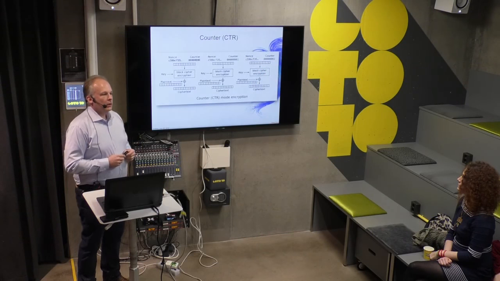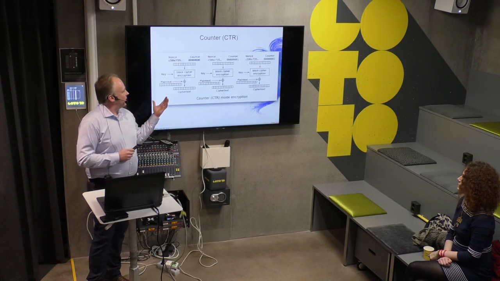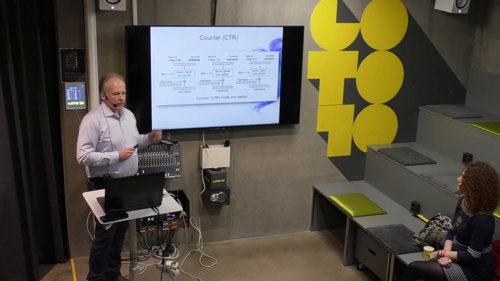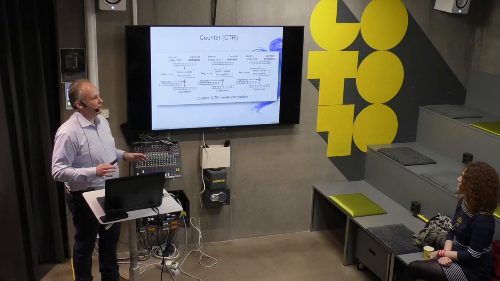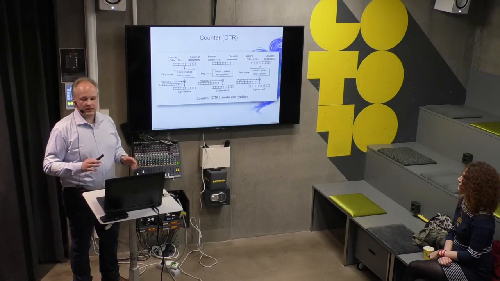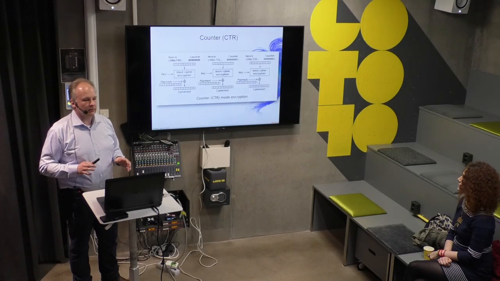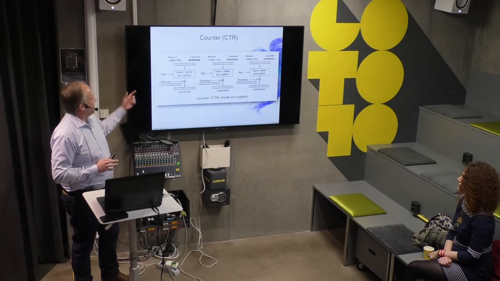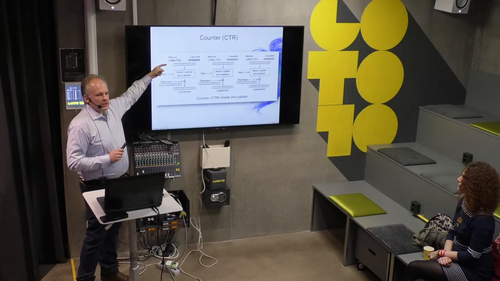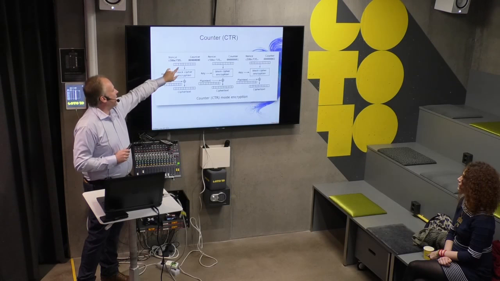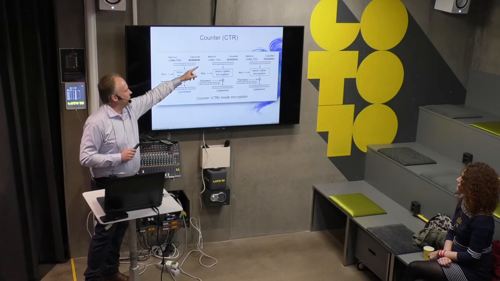Counter is interesting. This is often used, and I include it here to show that the initiation vector doesn't have to be secret. It doesn't change the security level of the algorithm. Only the key has to be secret. So here you use a deterministic initiation vector, which might have a nonce, a unique small part, but then it has a counter: 0, 1, 2.